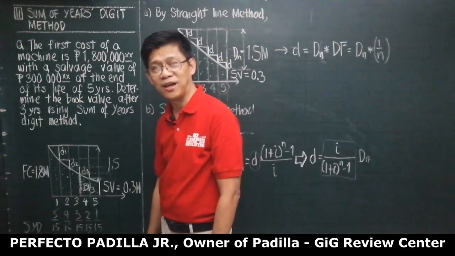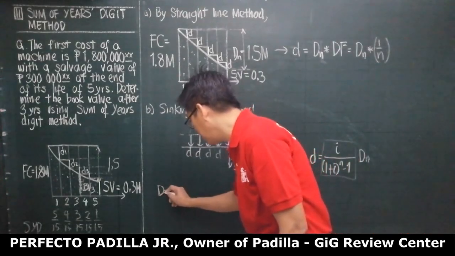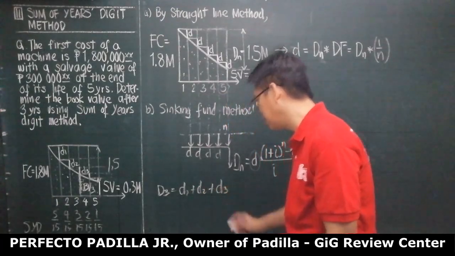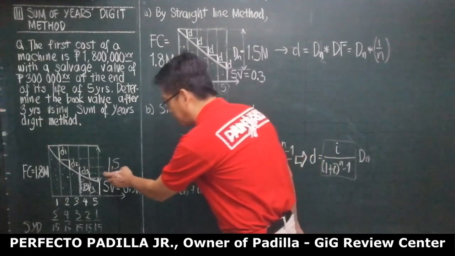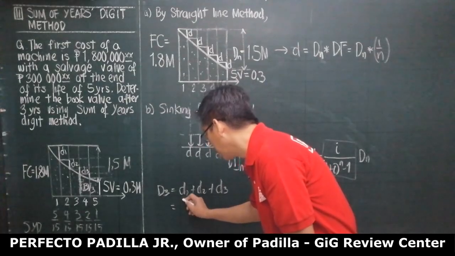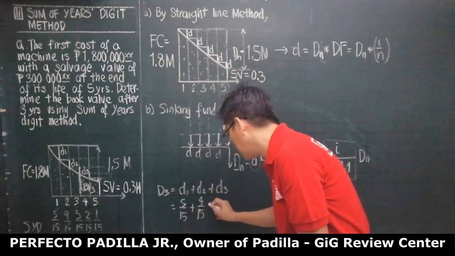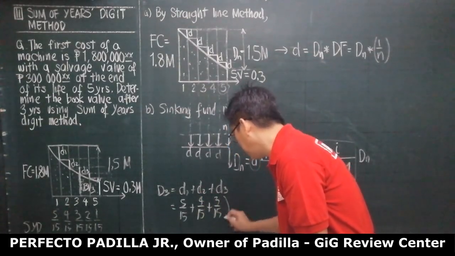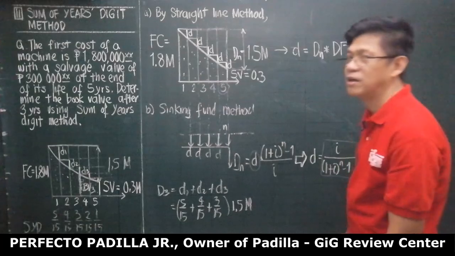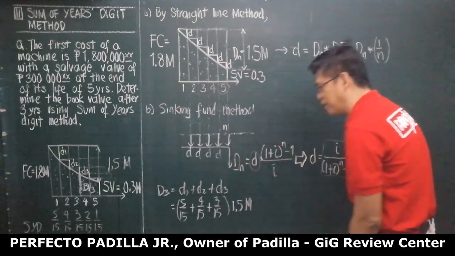Naintindihan? Maliwanag. So therefore, yung ating total depreciation D3 is D1 plus D2 plus D3. All of them are fractional part of 1.5 million. So therefore, this is 5 over 15 plus 4 over 15 plus 3 over 15 of the total 1.5 million. Pagka inadd nyo to ngayon, no? Inadd nyo times 1.5.